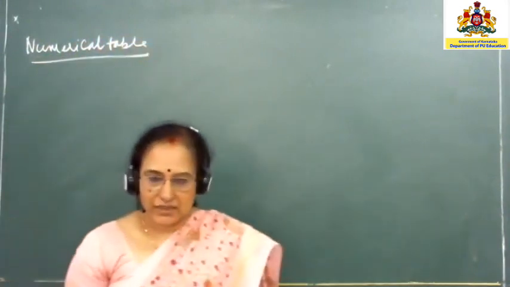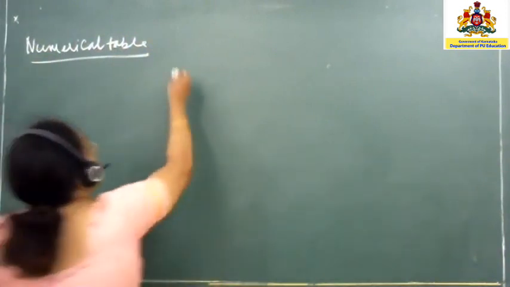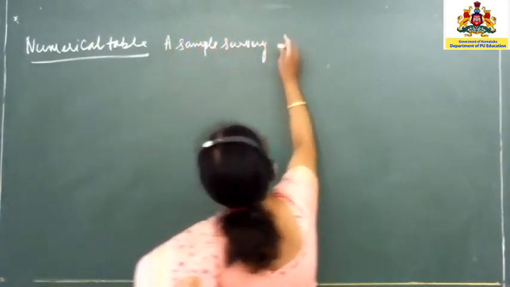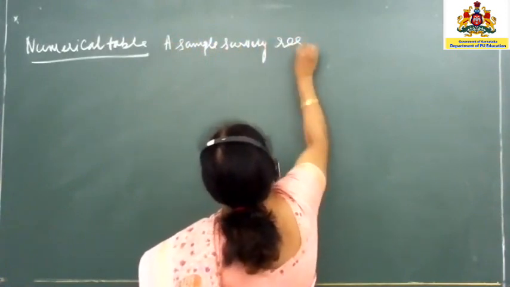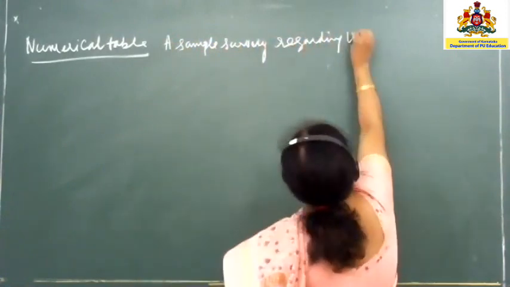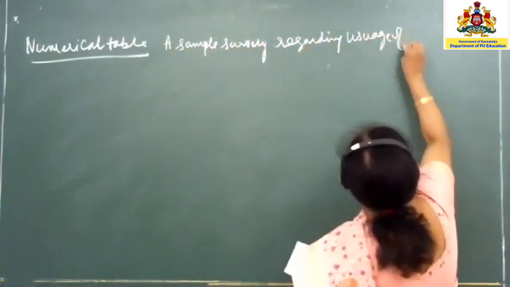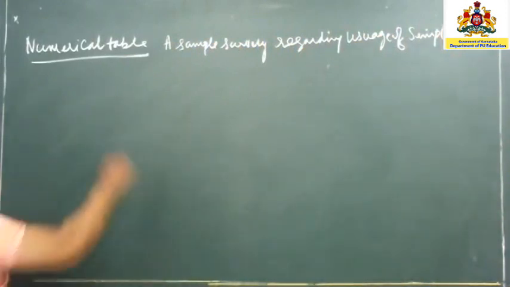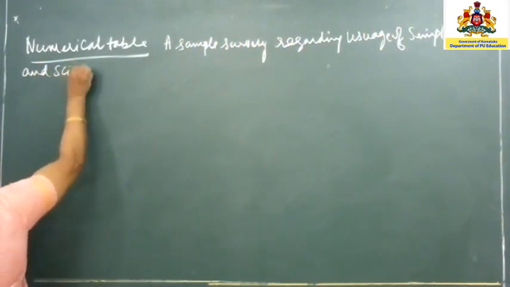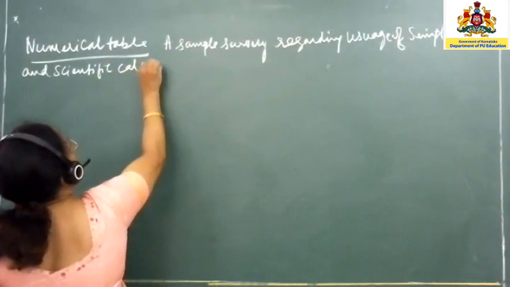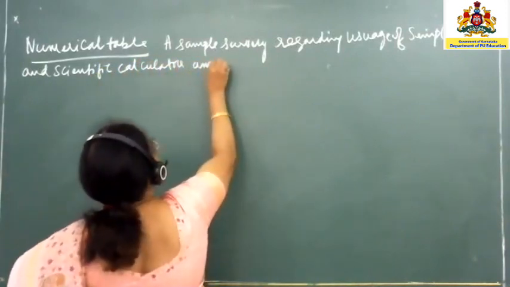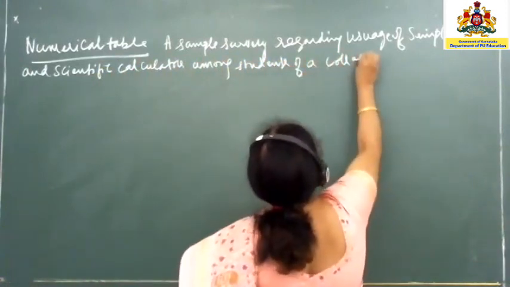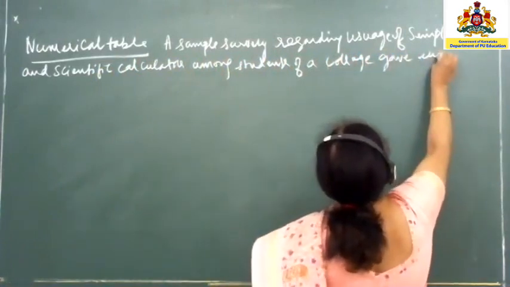Now, see, the question says something like this: a sample survey regarding usage of simple and scientific calculators among students of a college gave the following results.